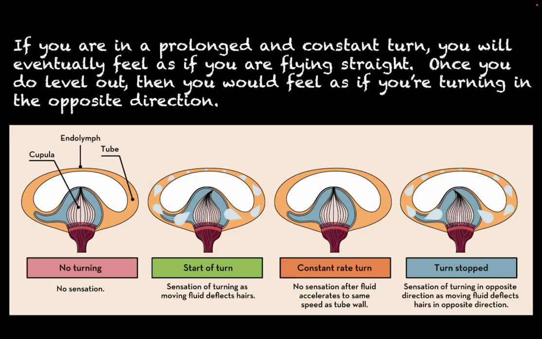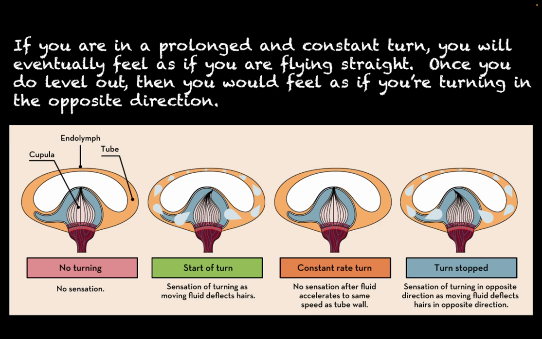So say that you are in a prolonged and constant turn. So you're banking by 20 degrees and you stay in that 20-degree banked turn for like 20 seconds, and you are just constantly banking at the same angle and the same angular velocity the whole time. Well, initially, when you start that turn, you're going to feel that angular acceleration.